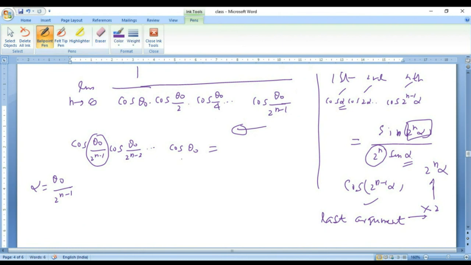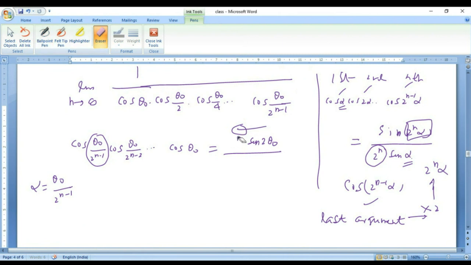So we will write this as cos theta naught in this way. So that becomes 2 to the power n times sine of 2 theta naught, and whole upon 2 to the power n should go down.